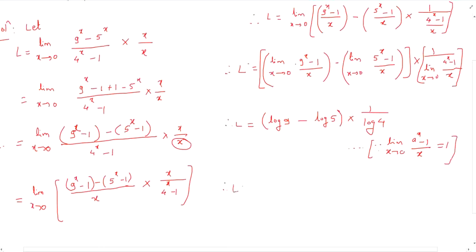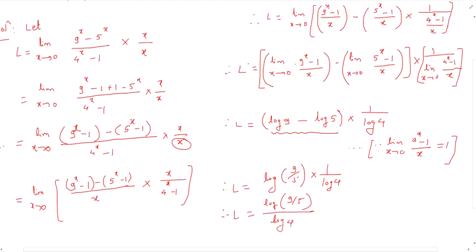Therefore, L is equal to log 9 minus log 5. According to the laws of logarithm, log m minus log n can be written as log of m by n, that is 9 by 5, like this one, isn't it? And into, what is that? 1 by log 4, that is, L is equal to log(9/5) by log 4, just like this one.